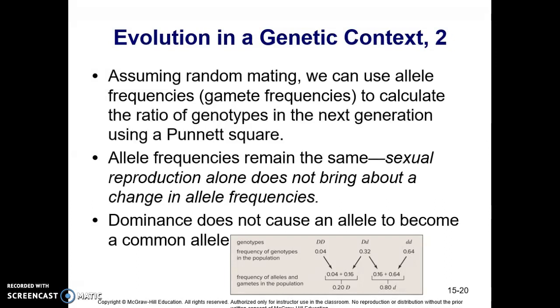That alone doesn't bring about a change of allele frequencies, okay? That's just shuffling around the alleles that we have. Also, even though we have a trait that is dominant, doesn't necessarily mean that over time it will become more common, okay? Don't worry about the little math equation there. That's not really important for us.